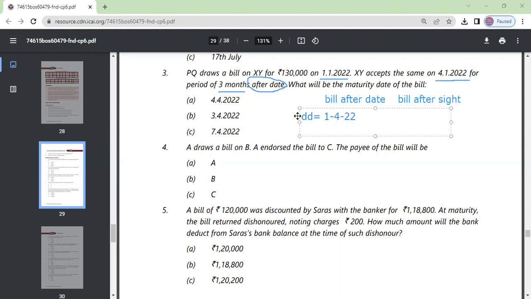How can we calculate maturity date? Formula: maturity date equals due date plus 3 days. So 1st April 2022 plus 3 days, 1 plus 3, 4. 4th April 2022 is the maturity date. Please select the answer. Option A, 4th April 2022. Understood?